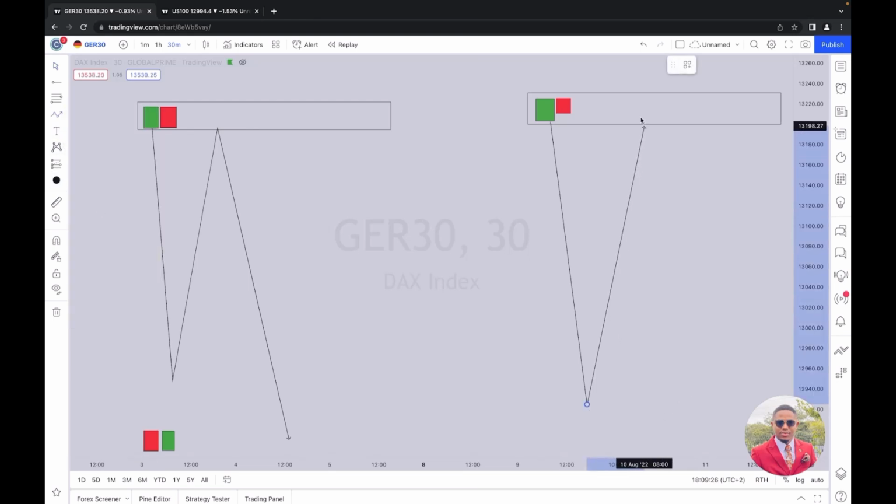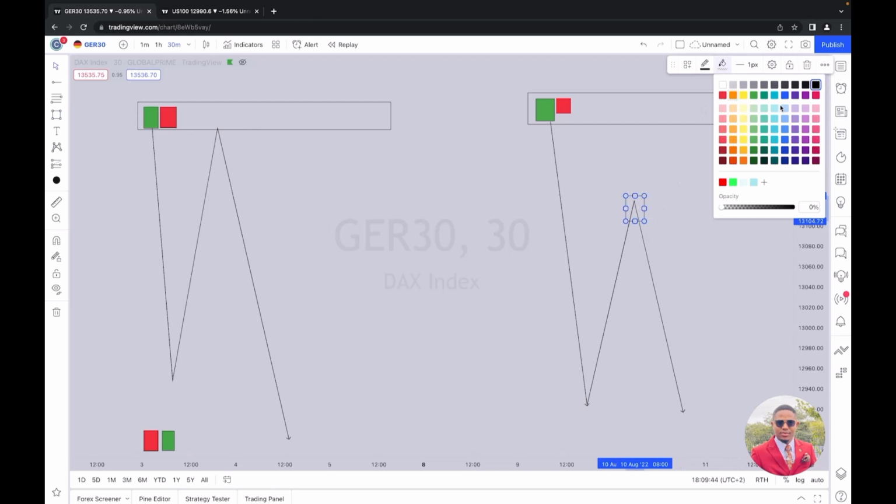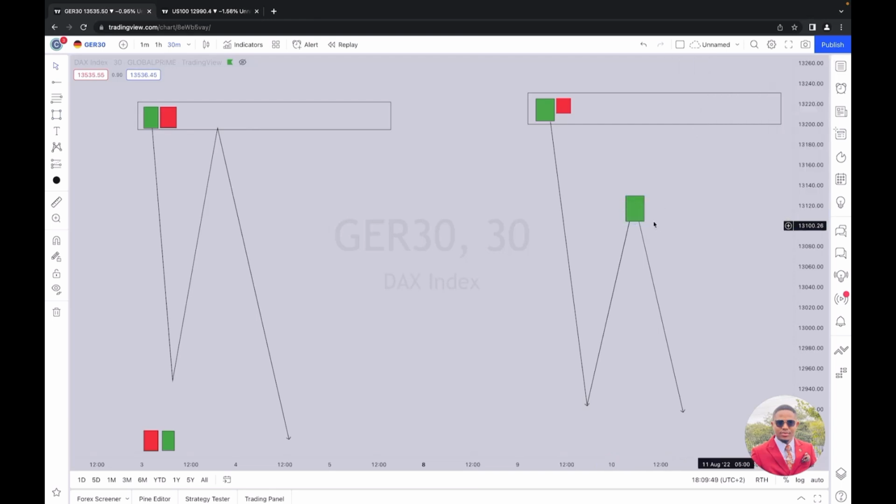When you draw your OB like this, we're expecting that price is going to go up and hit this part. But if price does not hit this part, if it reaches somewhere here and turns like this, what we're going to do now is have this one like this.